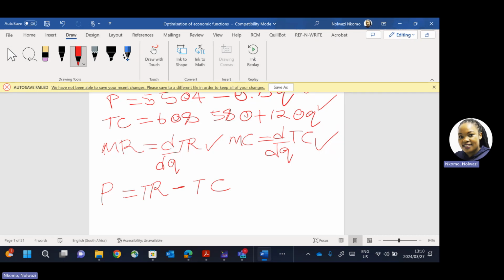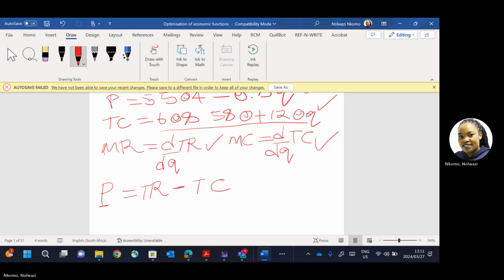They gave us a hint that we should use differentiation as well as the marginal revenue and the marginal cost.